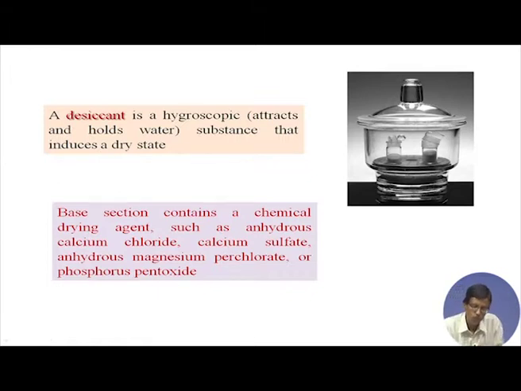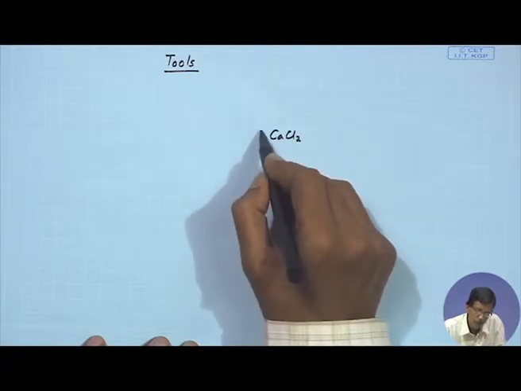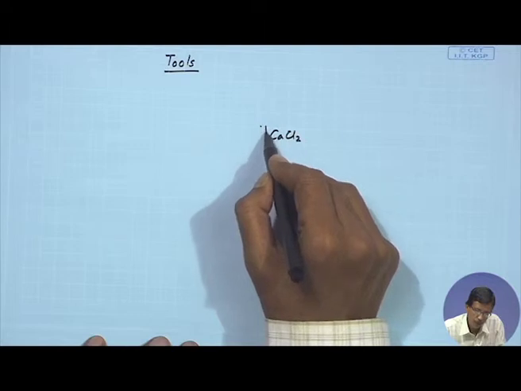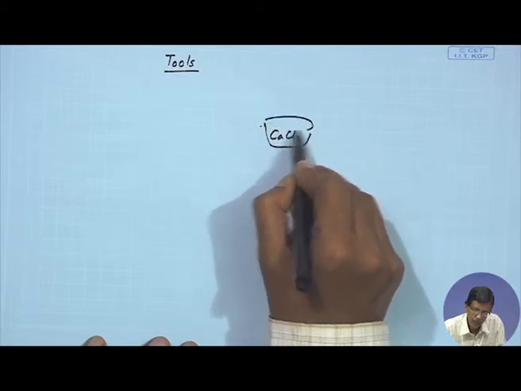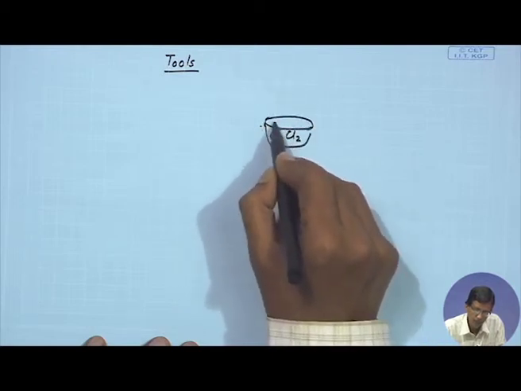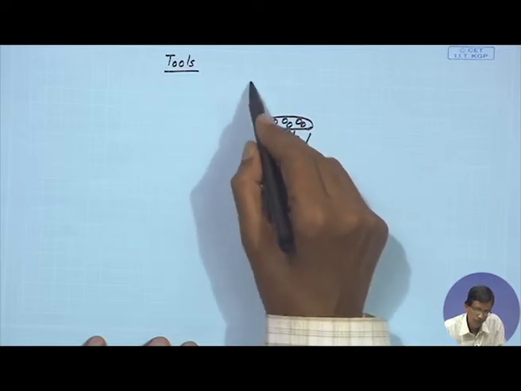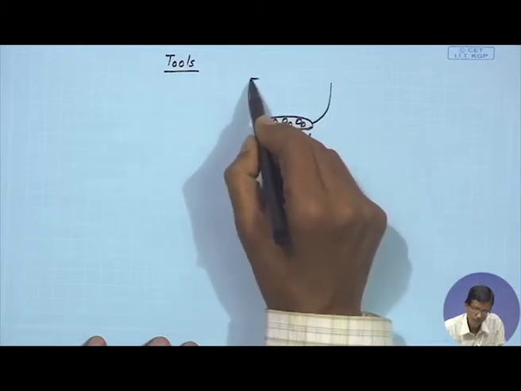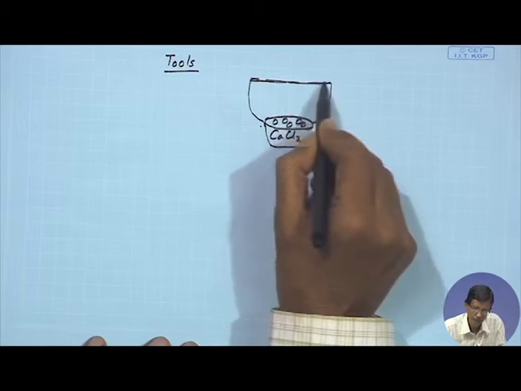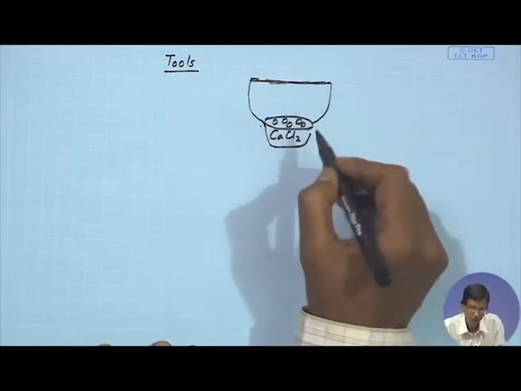So, we can have some amount of solid calcium chloride in this base, and above that we have this porcelain disc with some holes over it. This is the base basically, and this is where we put the sample.